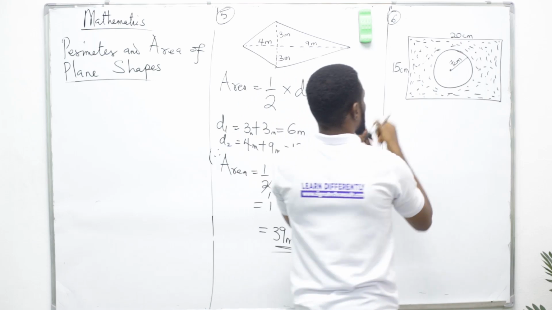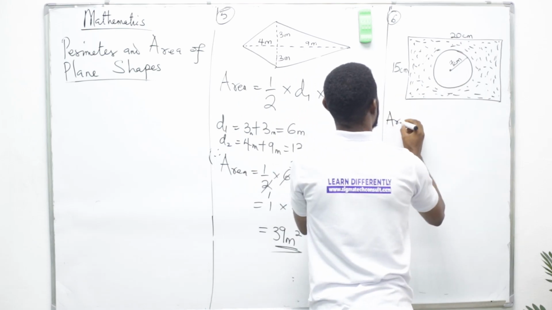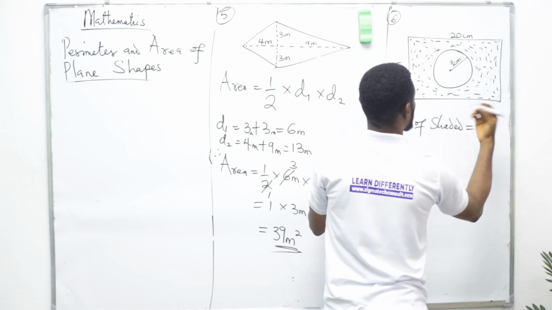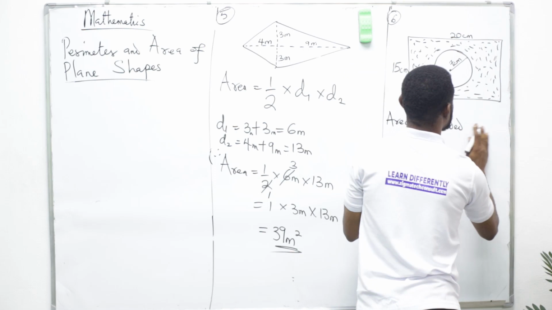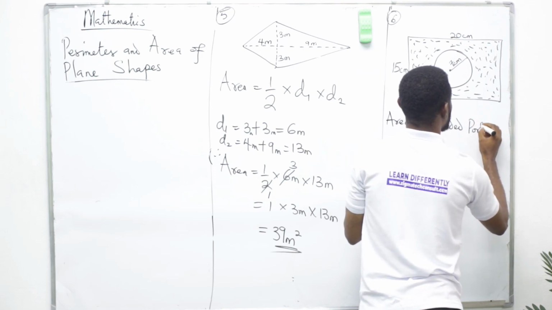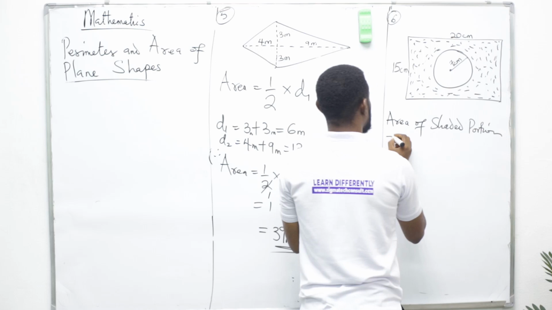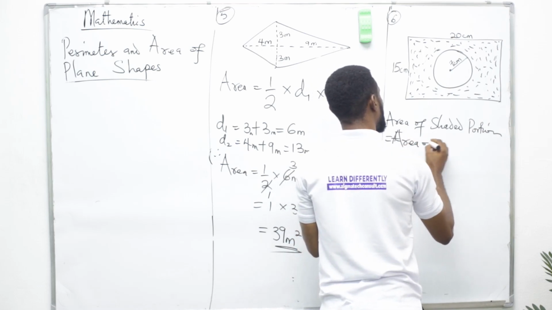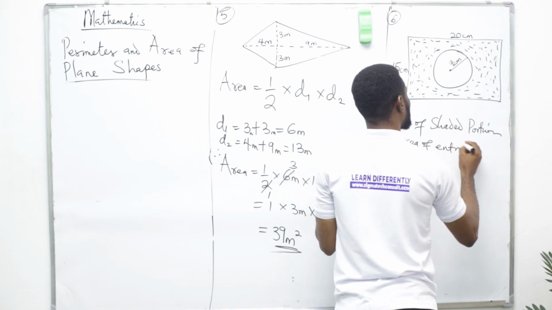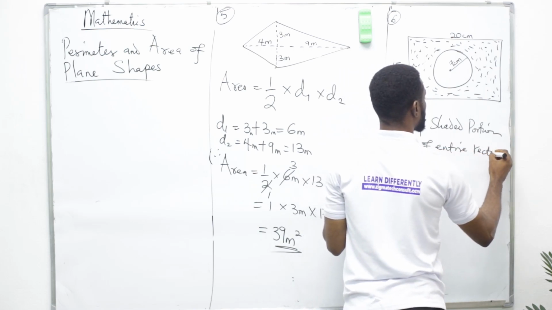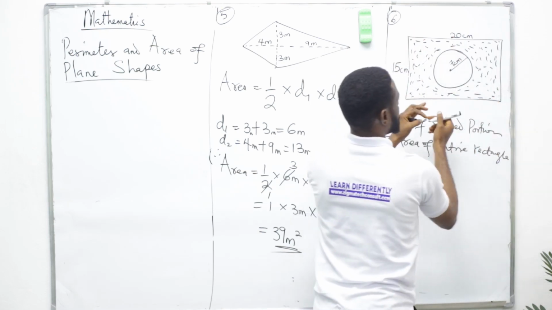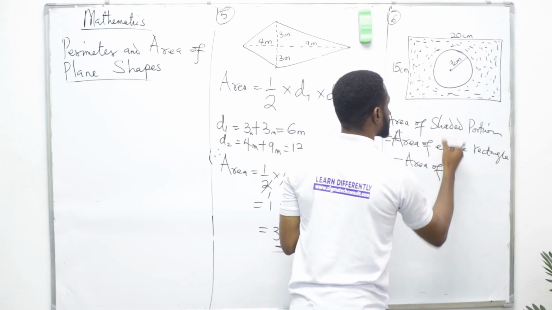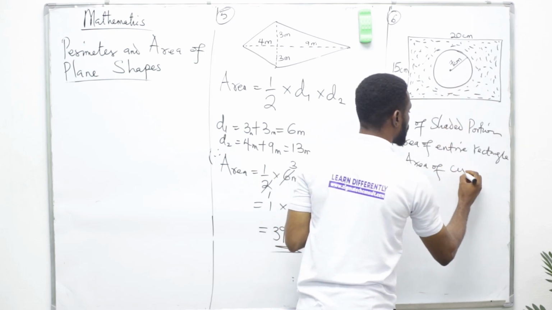So what it means is that the area of the shaded portion is equal to the area of the entire rectangle minus the area of the circle.